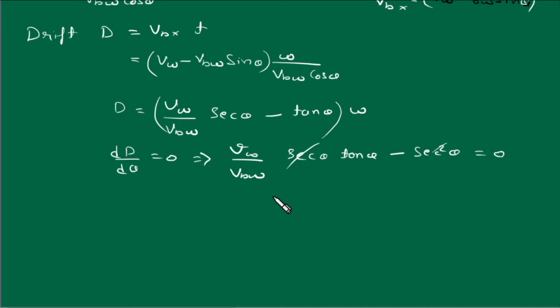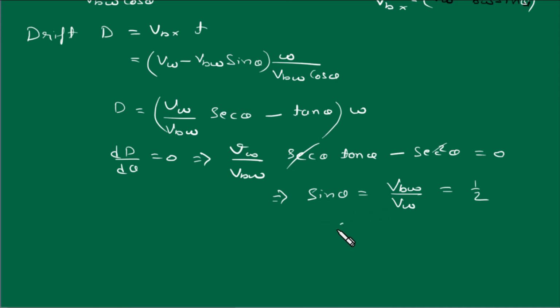So if we solve this, we will get sin theta is equal to VBW by VW. That's it. And we know that this is half, because velocity of boat with respect to water is given as half of the velocity of the current water.